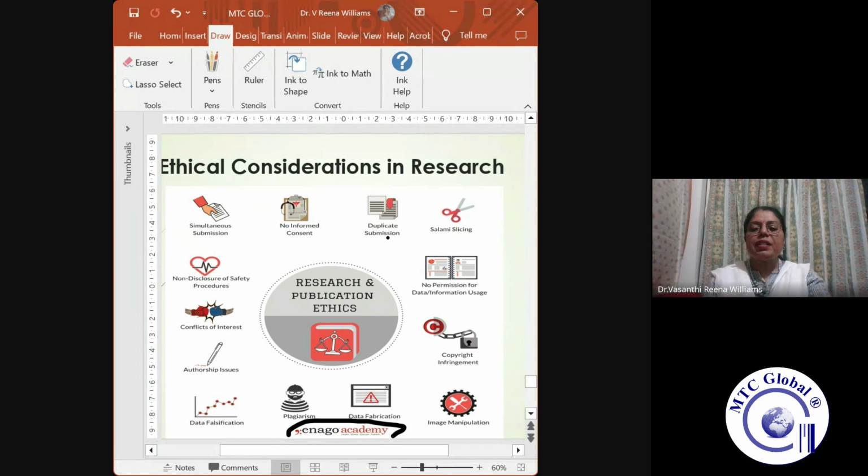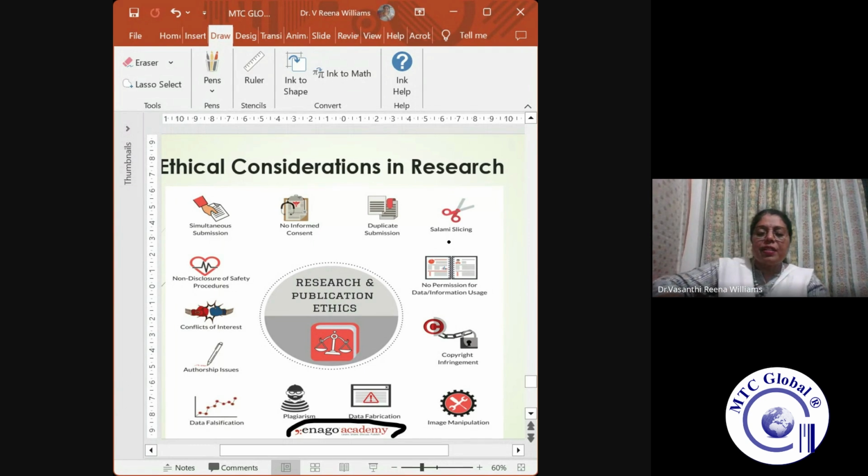The next is duplicate submission, similar to this simultaneous submission. Then salami slicing, that is you're taking out the best from some paper and then making it your own. You are putting it in a new version. You're paraphrasing. What is paraphrasing? Now, supposing ethical considerations in research is the heading, right, that you see on your screen. If I put it as being more forthright and ethical while doing research, it's the same wordings but in a different pattern.